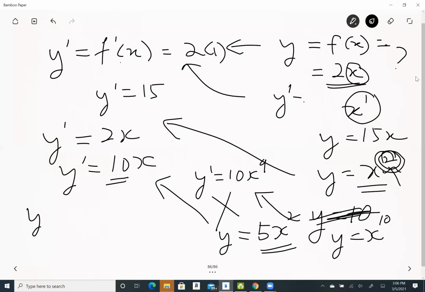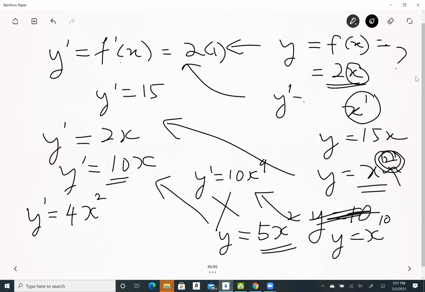Okay. What about if the y prime is 4x squared? So first, what is the power to the x of the function?